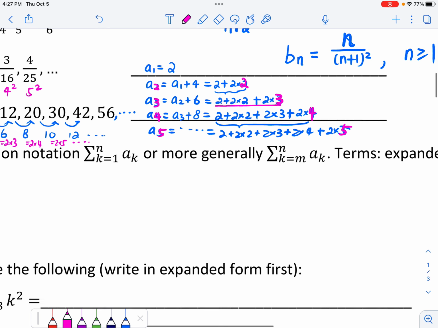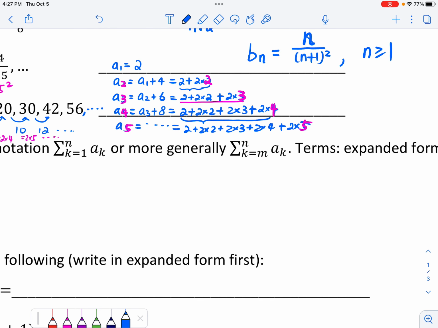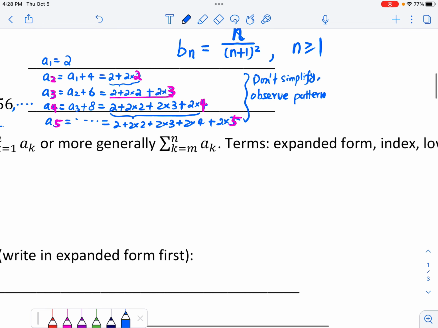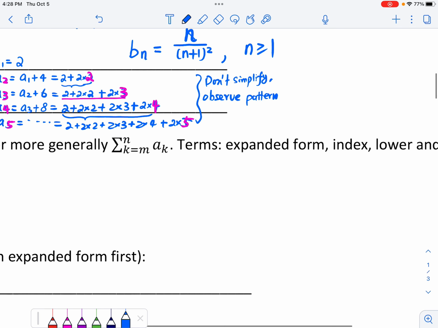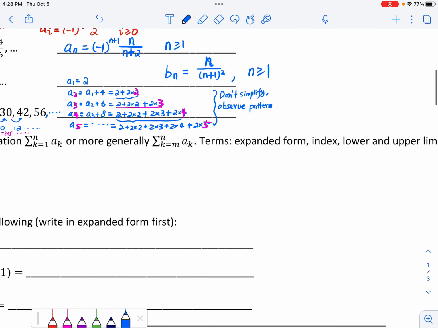So in other words, the trick is don't simplify. You want to observe the pattern. That's the trick. Once you are able to find the pattern, let's talk about An.